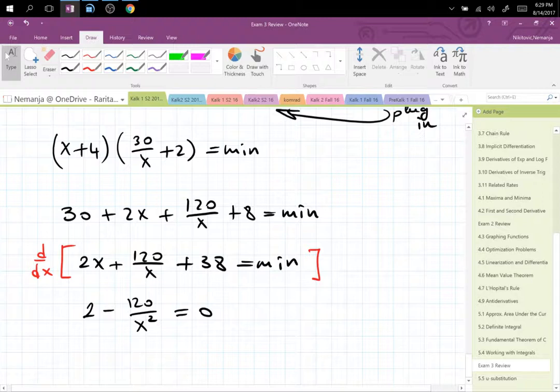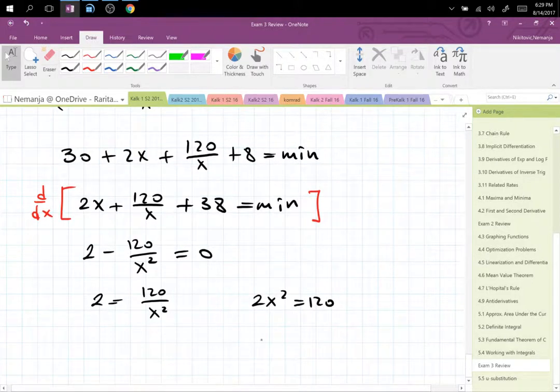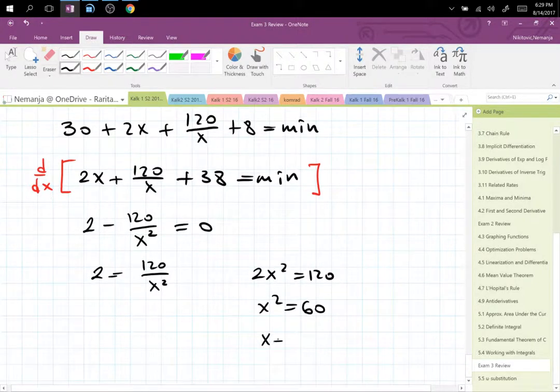Yep, that's all good. So now 2 is equal to 120 over x squared, you're just solving this equation. 2x squared is equal to 120. x squared equals 60. x equals plus or minus the square root of 60, but the lengths cannot be negative, so it's just the positive root 60.